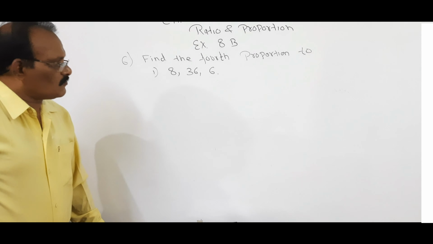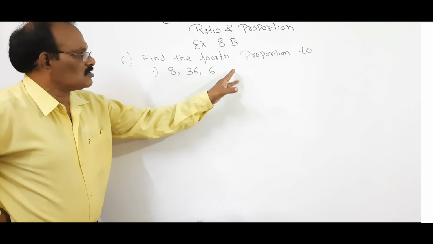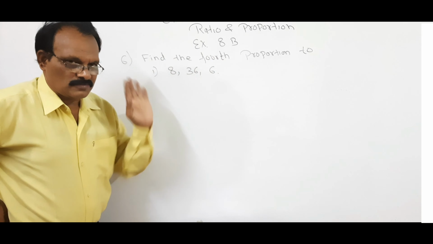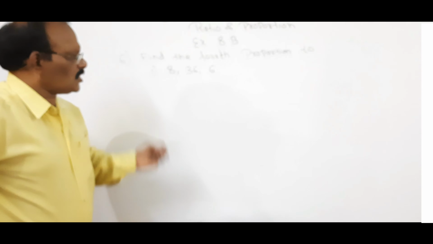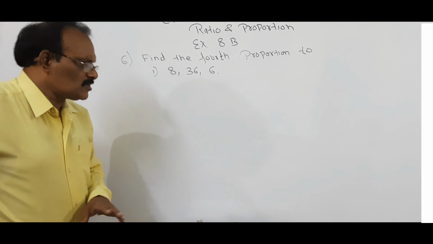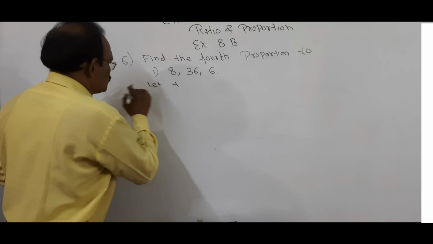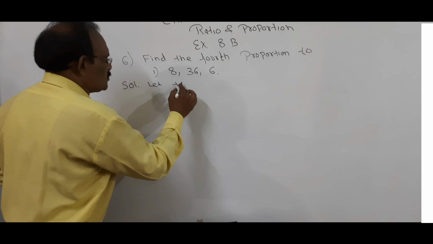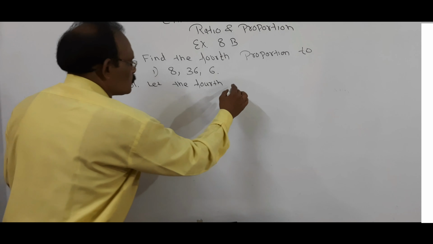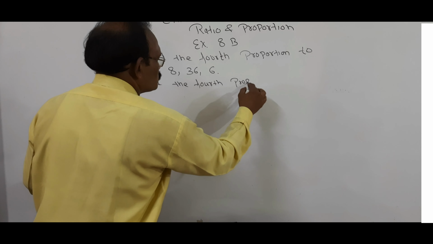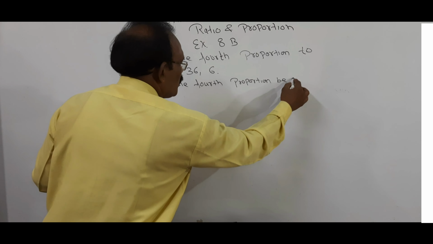6th question. Find the 4th proportion of 8, 36 and 6. We don't have the 4th one, so we have to find it. जो हमको निकालना है उसको हम assume x मान लेते हैं. Let the 4th proportion be x.